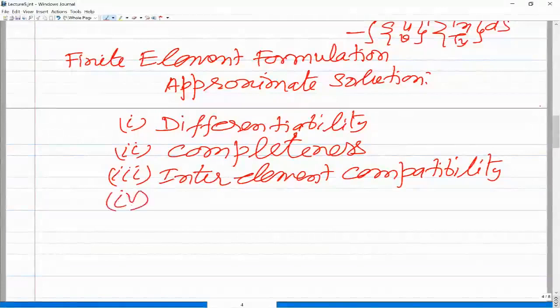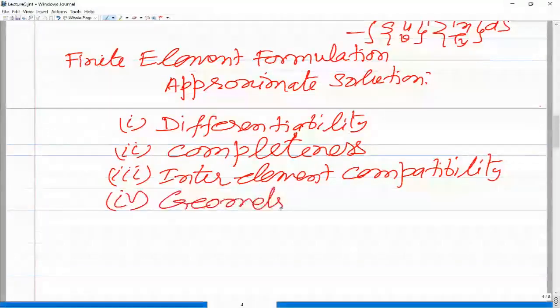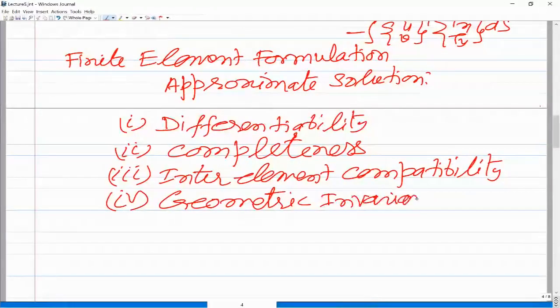And then we will have the additional thing in 2D and 3D problems, which is geometric invariance. The first three were there in the 1D also, I discussed those. An additional thing is geometric invariance.